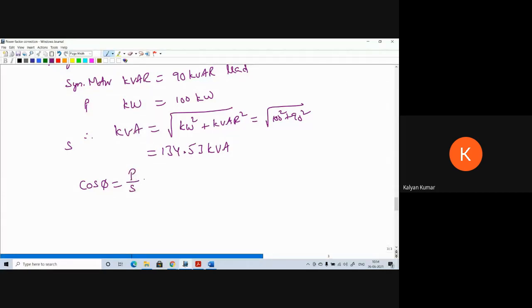P by S. P equals S into cos theta, that is P equals VI cos theta, and VI is S. So cos theta equals P by S. P is 100, S is 134.53. How much? 0.743, sir.